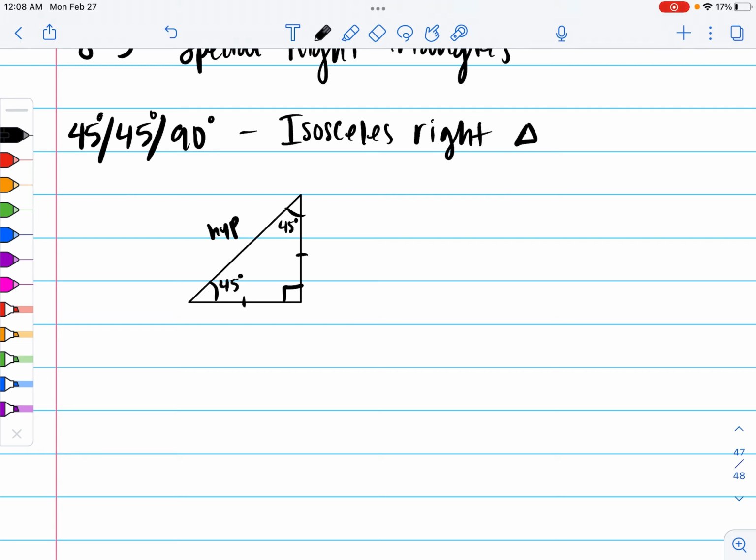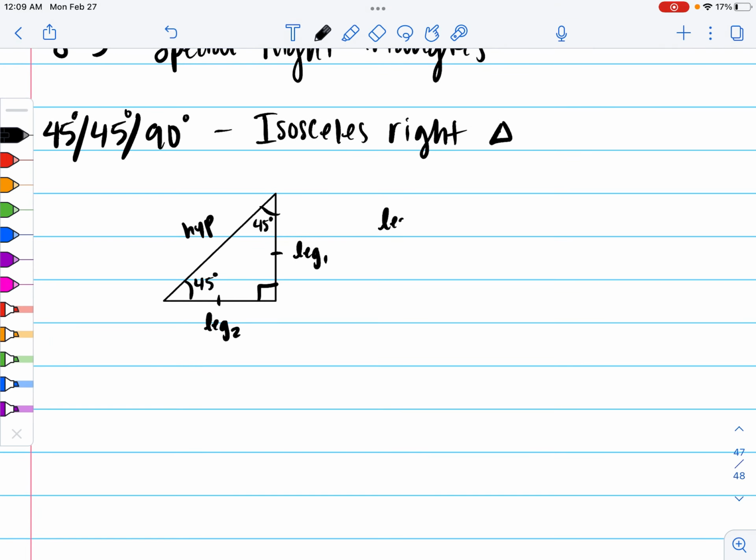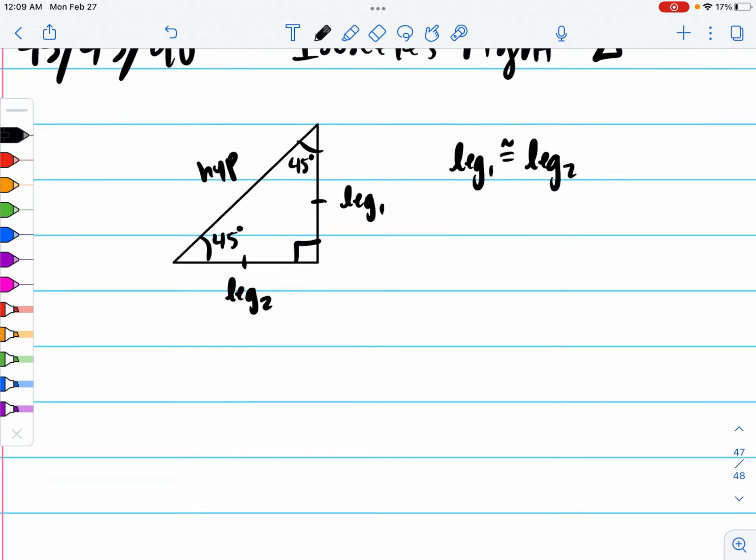The longest side is always across from the 90 degree angle, which is the hypotenuse. And we have leg 1 and leg 2. What happens with a 45, 45, 90 is that leg 1 is congruent to leg 2 because this is isosceles, right? And that should stand to reason.